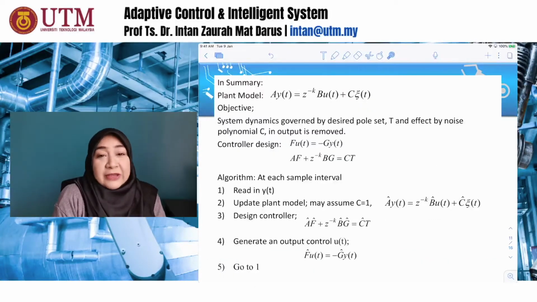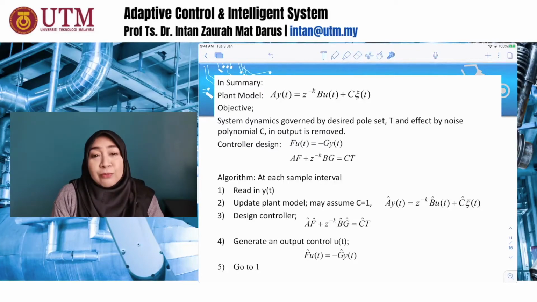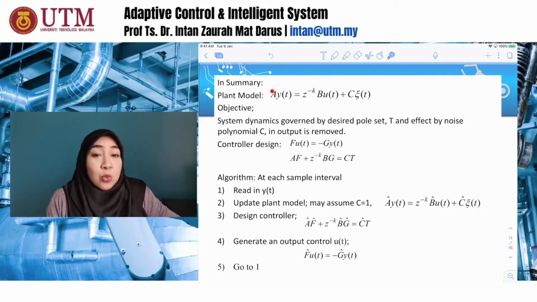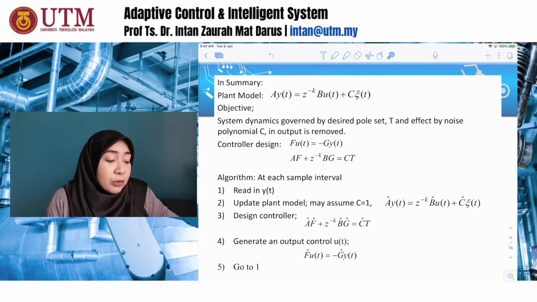In summary, if you look at your initial plant model, the model is actually A y(t) equals z to the power of minus k B u(t) plus C zeta. So it has the polynomial c. This is the unwanted polynomial. You want to remove it, okay, so that your zeta here remains as white noise.